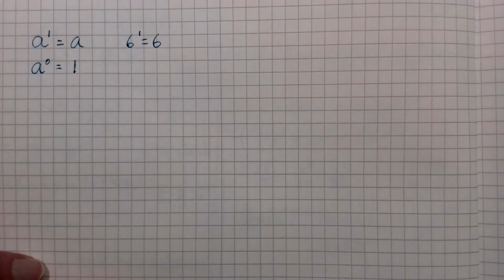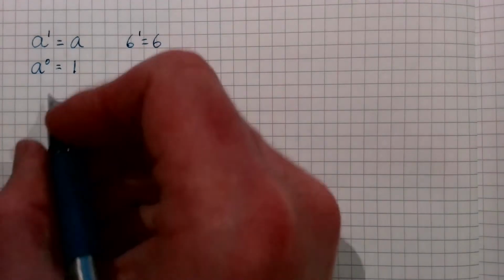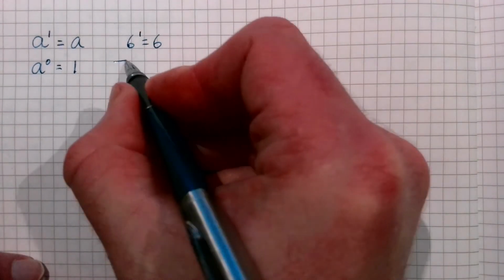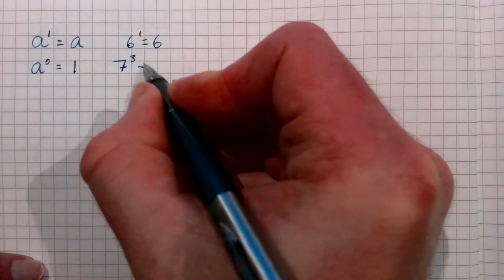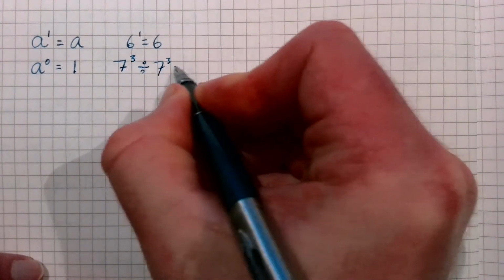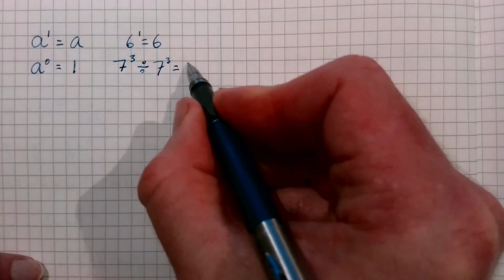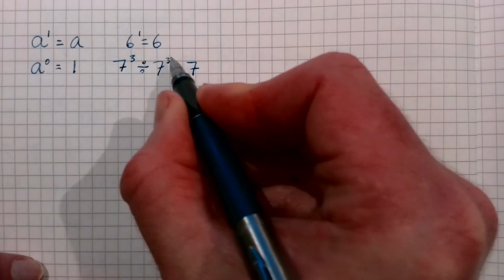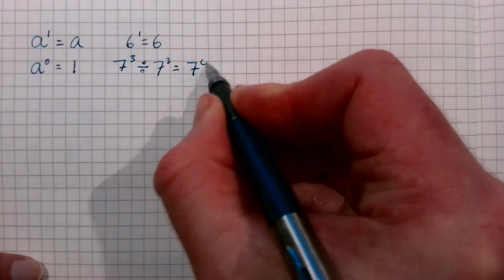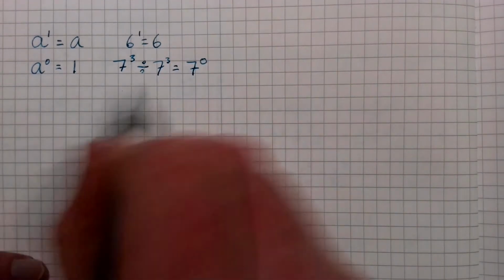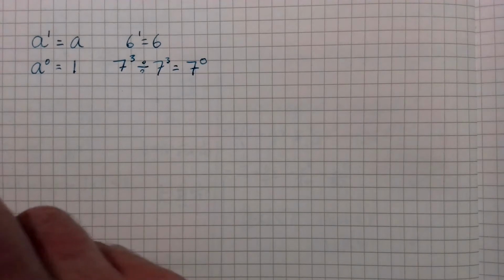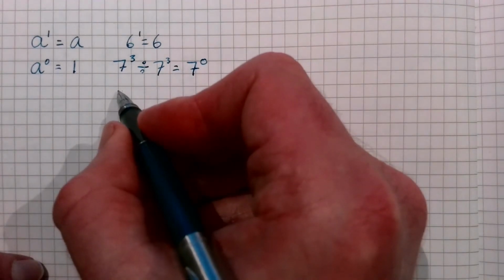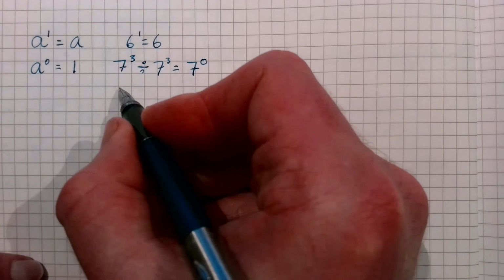Why is it 1? Well, it comes about because remember when we had the division one, so maybe I had 7 to the power of 3 divided by 7 to the power of 3. That would be 7 to the power of 3 take 3, which is equal to 0. And what is 7 to the power of 3? Well, it's 49 times 7, 343.